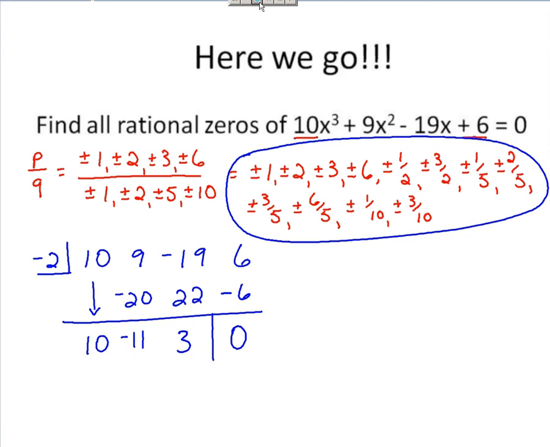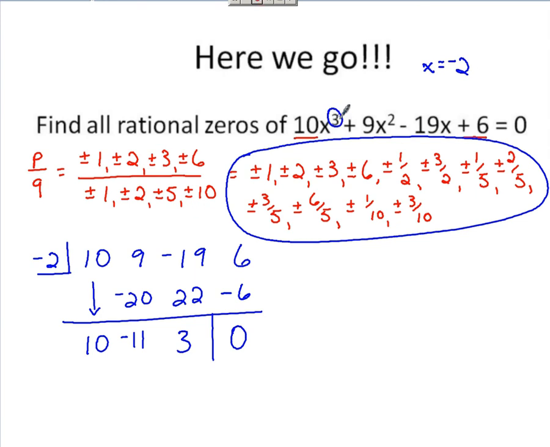So now that I know negative 2 works, I know one of my rational zeros, which is a solution to this equation. So I could say x is going to equal negative 2. Now the question becomes, how many rational zeros are there to find? Well, potentially there are 3 to find.